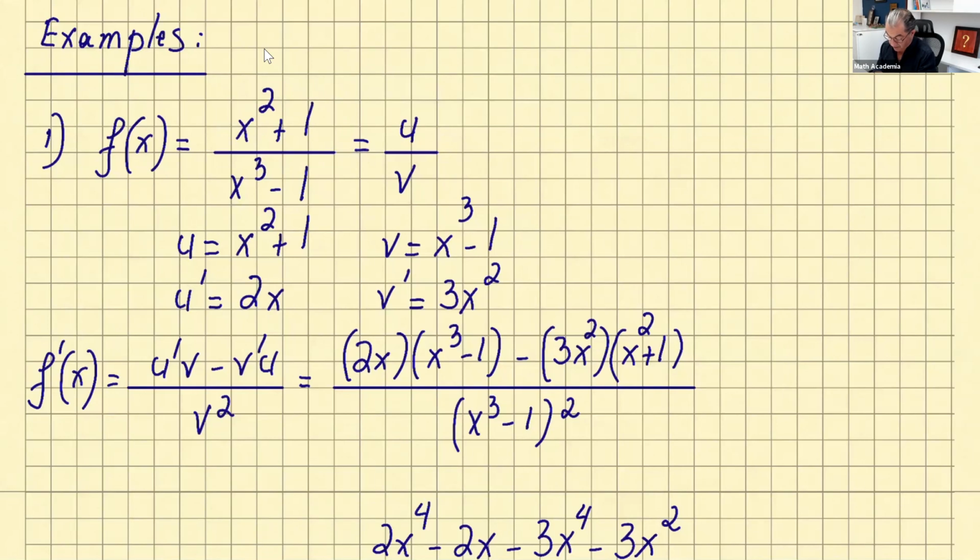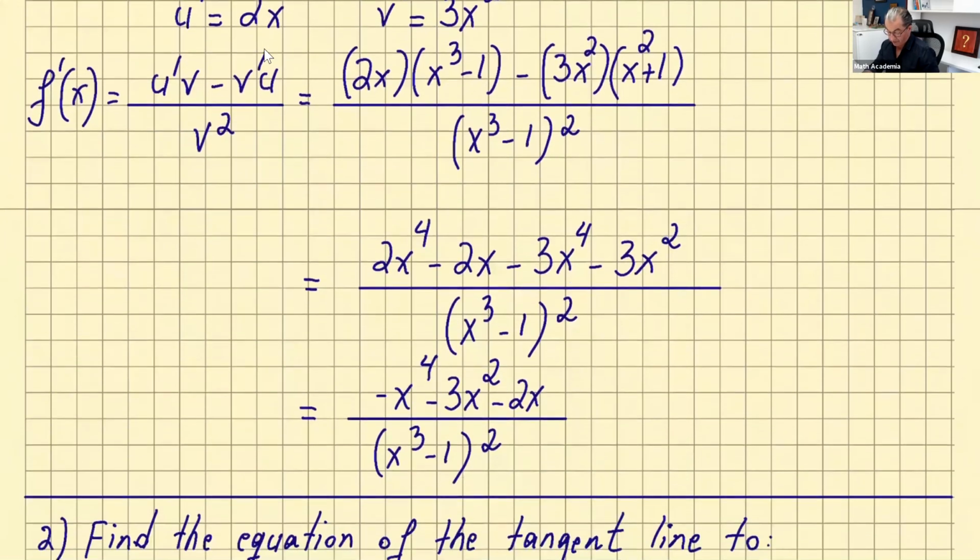So when you start, you can just write those slowly and find the derivatives. u is x squared plus 1, so u prime is 2x. v is x cubed minus 1, v prime is 3x squared. u prime times v minus v prime times u, and that's all over x cubed minus 1 squared.